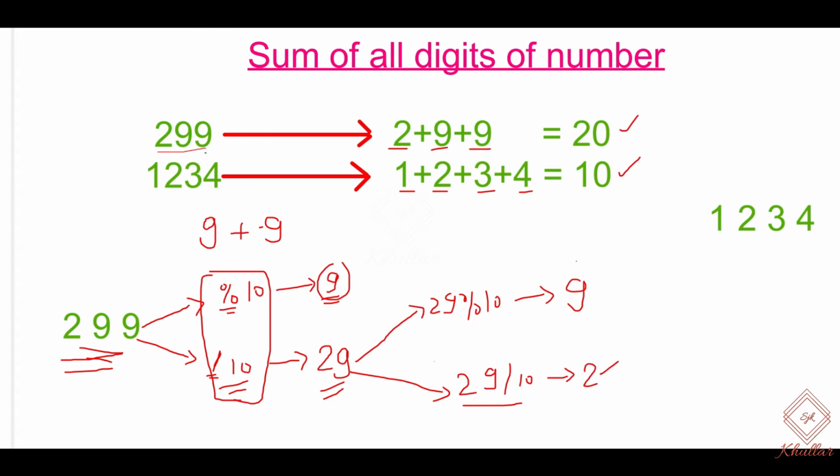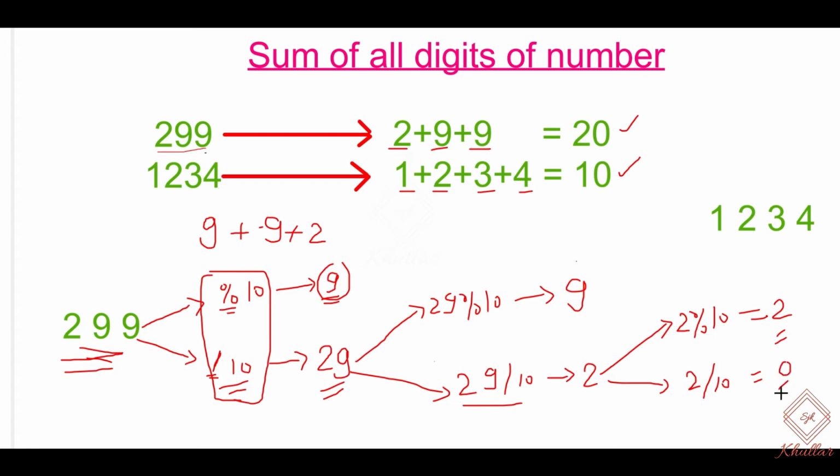Okay, so again perform the same two operations, modulus and divide. So 2 modulo 10 would be nothing but 2, right? So again add 2 to the sum here. Now perform 2 divided by 10. As it is less than 10, it will be reduced to 0.